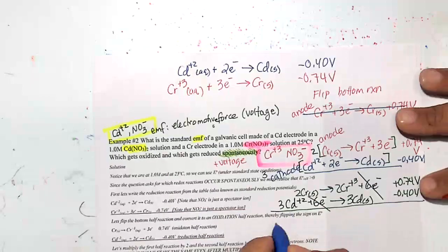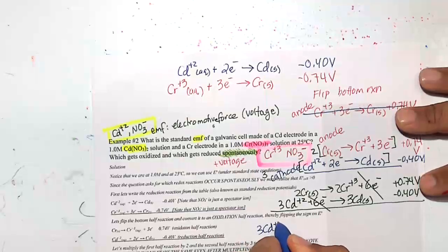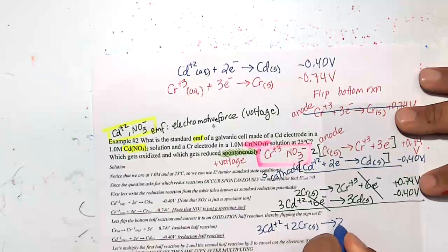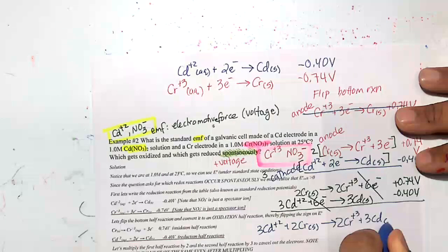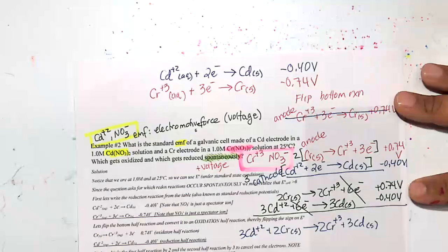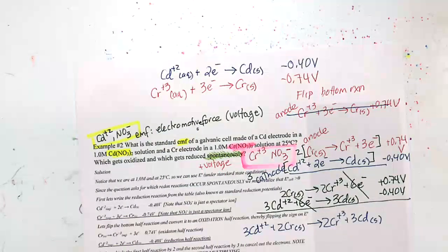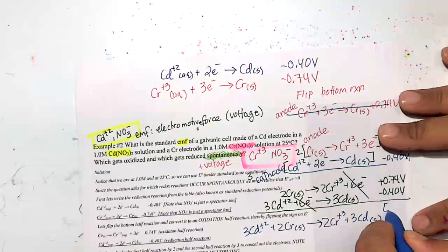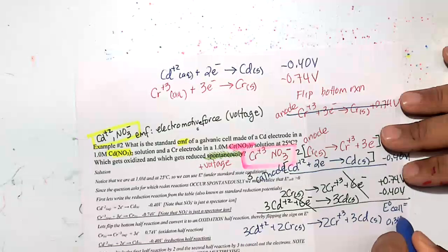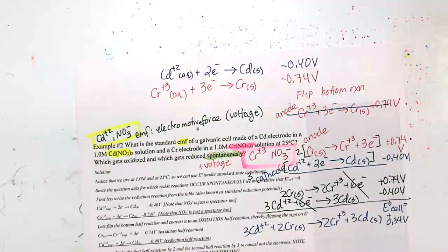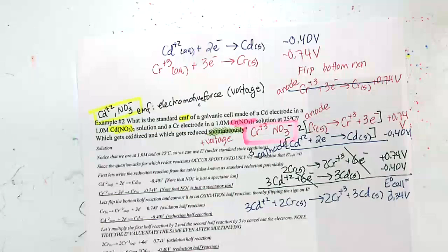And then this is my equation. Okay, what is my E cell? It's going to be positive 0.34 volts. This is E cell. Okay, and that is how we do this problem.